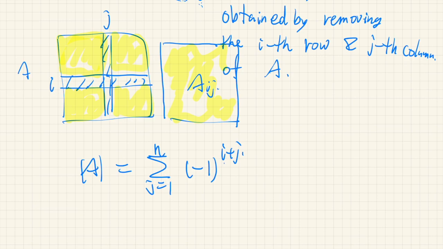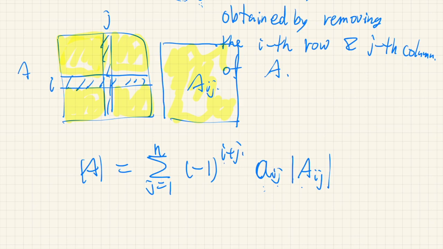That points to the ith row of matrix A, and aij, so this is the ij element of the matrix A, times the determinant of this matrix uppercase Aij. Okay, so this is the definition.